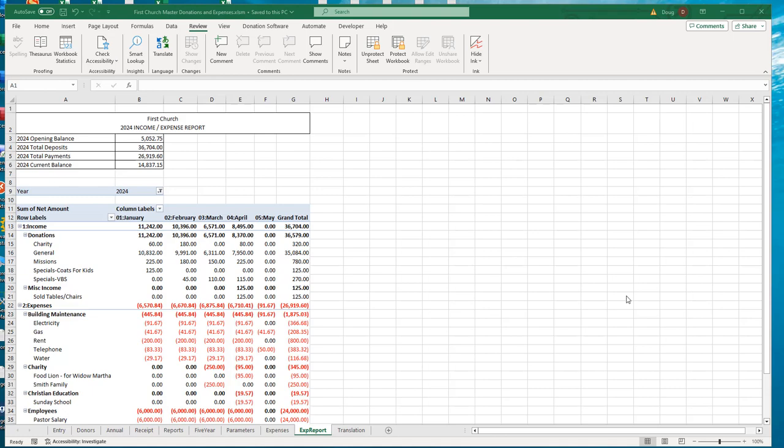But I wanted to specifically look at the various funds that we're tracking and trying to help your church management, or your governing board, understand what's there on the report, but also what's available to be spent in the different categories.